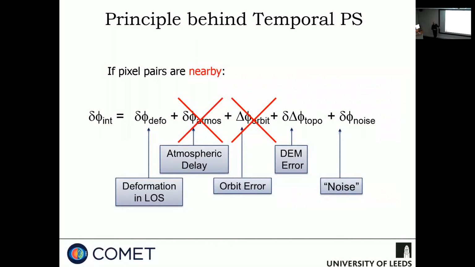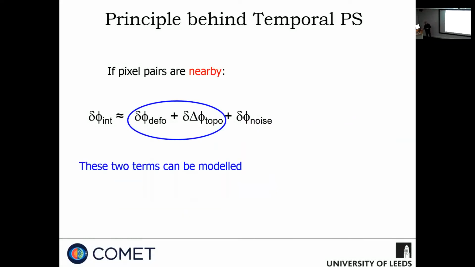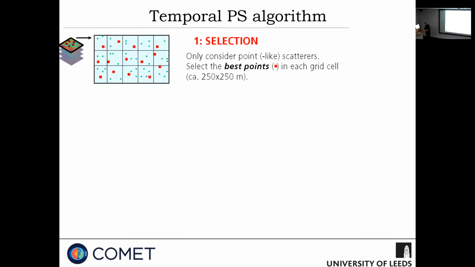Then you're just left with your deformation, your DEM error, and noise. The idea is you can model these two terms. Both deformation and DEM error can be modeled this way. I'll show you in a minute in which way. So first of all, you have to select which points you think are most likely to be good PS pixels. As I mentioned already, this is really based on the phase noise. You can actually get quite a good proxy for that by looking at how the amplitude behaves.